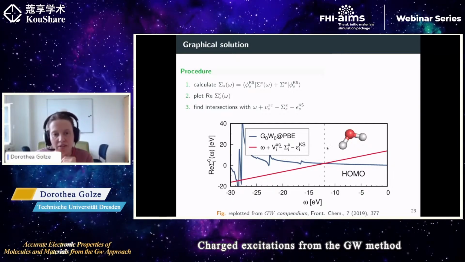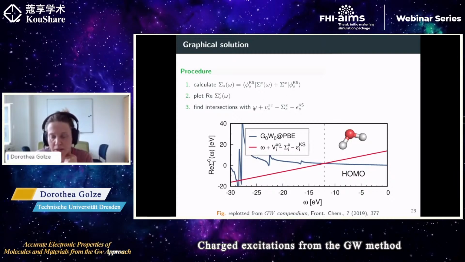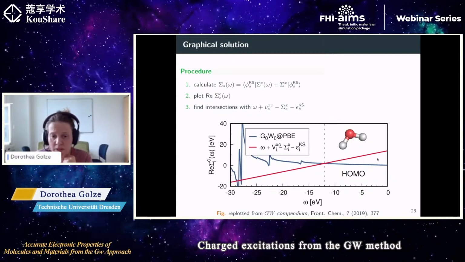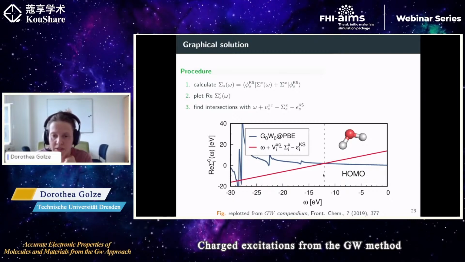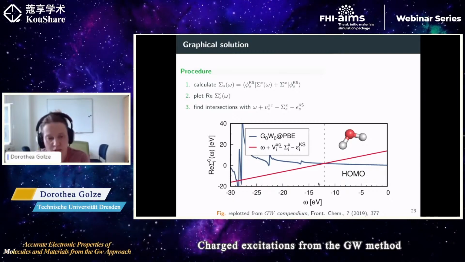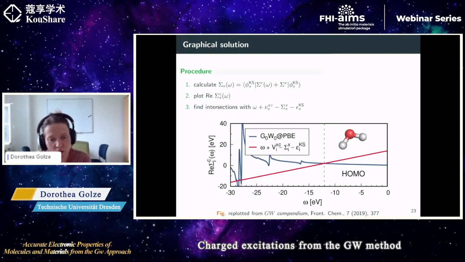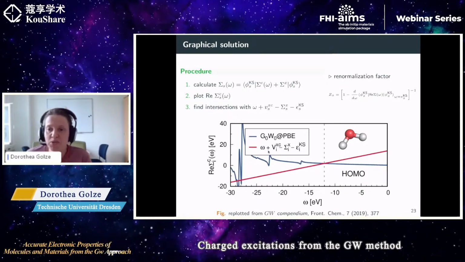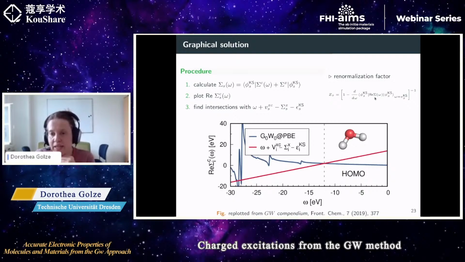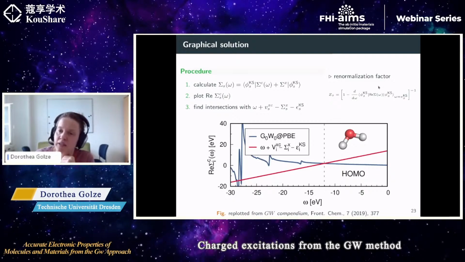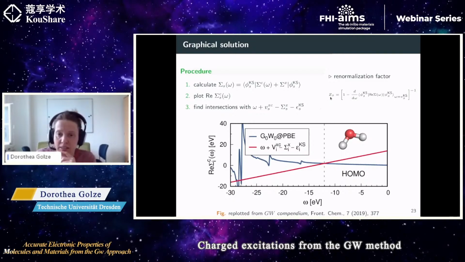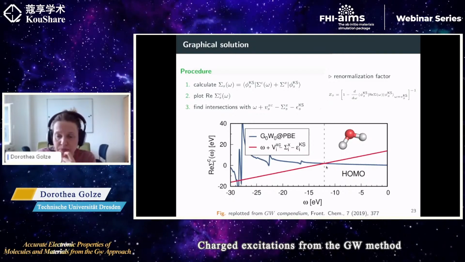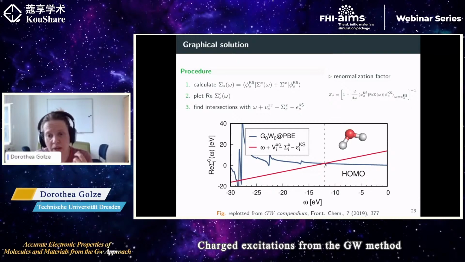And then you try to find the intersection with this straight line here. This is plotted in red, and you see the intersection here. The first one is this dashed line. Now you see we have also other ones over here. What's to consider is the spectral weight, and you see that we take here the derivative and then the inverse of it, meaning if the Z value is large, then you have a lot of spectral weight.